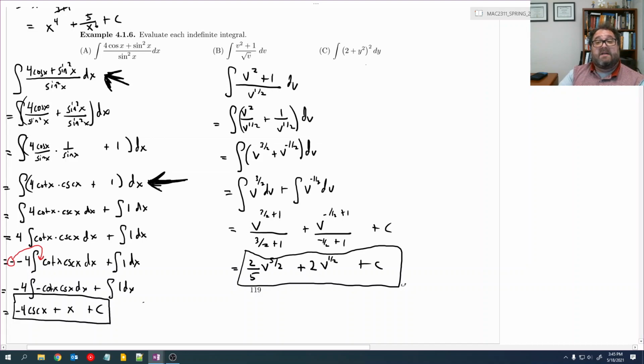Notice C is composite. Well, here's the thing. We will talk extensively about composite functions and their antiderivatives soon enough. And there's going to be a special method, kind of like we had the chain rule to differentiate composite functions.